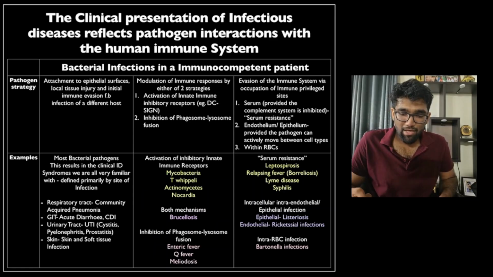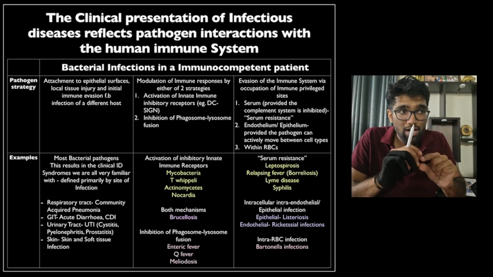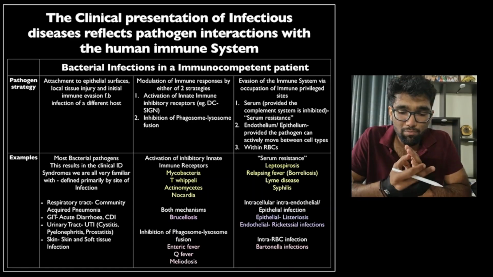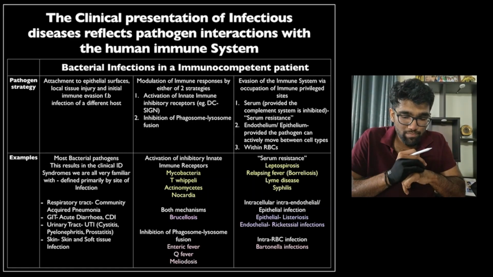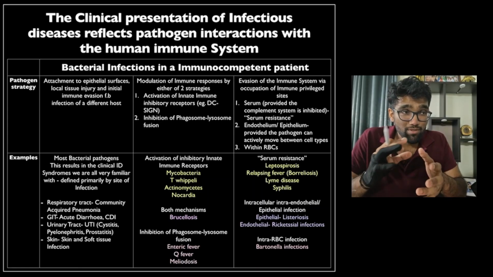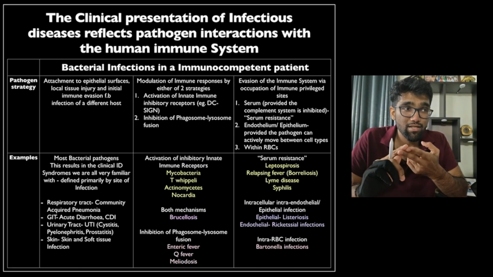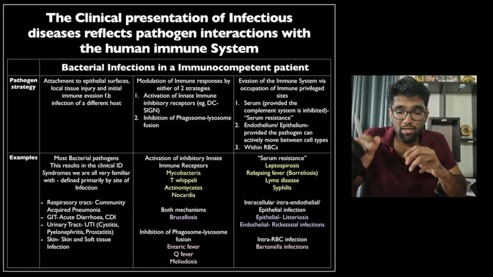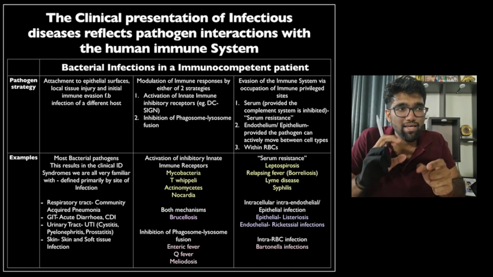Okay, now the third thing that can happen is that the organism can get into parts of the body or within compartments of the body where it cannot be detected by the immune system. Now I just said that the immune system is distributed in all compartments: extracellular, intracellular, cytoplasmic, lysosomal. But extracellular, within the serum, it is detected by the complement system.